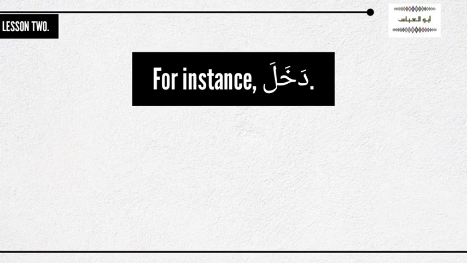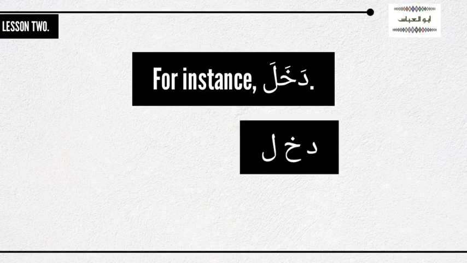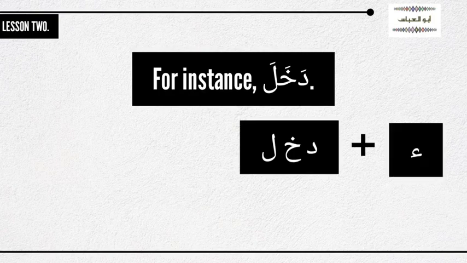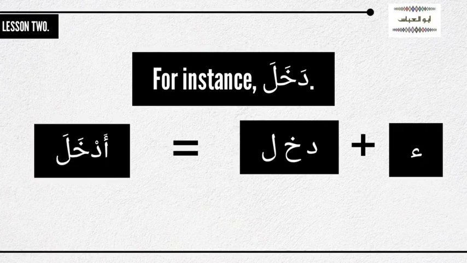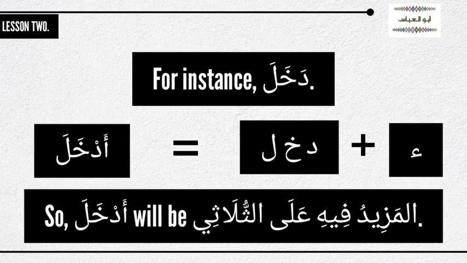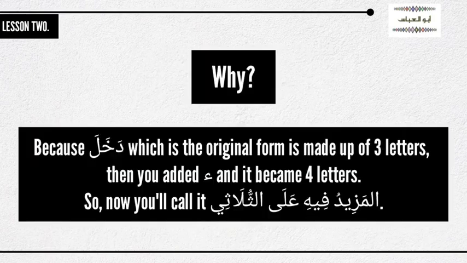Originally the verb has three letters in its past tense form. You added hamza to the beginning of the word and it became adkhala. So adkhala here would be al-mazidu fihi ala thulathi. Why? Because dakhala is the original form, whose letters are 3 in number, and you added something and it became 4. So you say al-mazidu fihi ala thulathi.